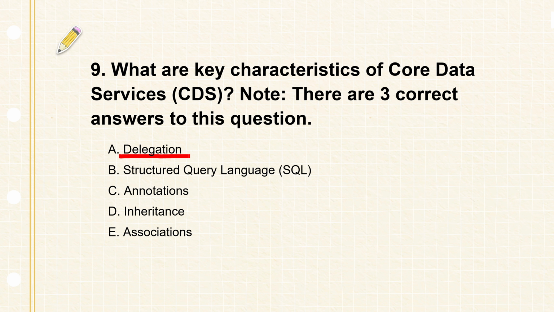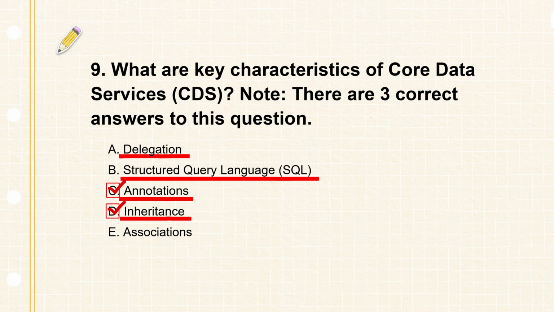Incorrect. Delegation is not a characteristic of CDS. Incorrect. While CDS uses SQL-like syntax, it's not a key characteristic. Correct. Annotations are used extensively in CDS to provide metadata and define aspects of behavior at the database level.